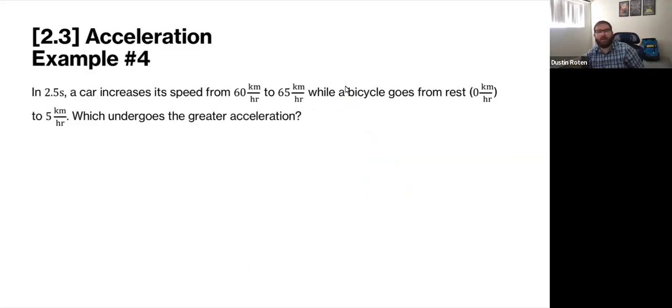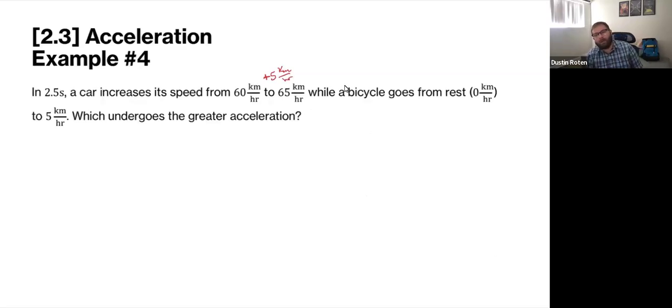So let's look at an example of acceleration here. In 2.5 seconds, a car increases its speed from 60 kilometers per hour to 65 kilometers per hour. Okay, so you can see just from the text that there is a +5 change in velocity.